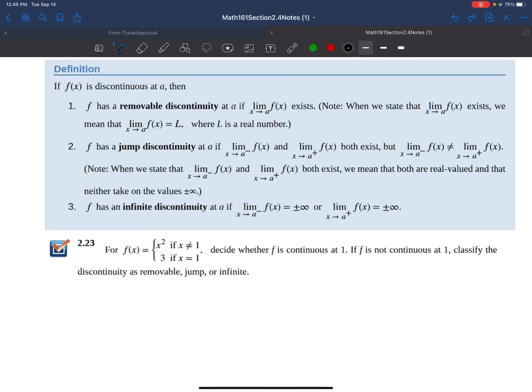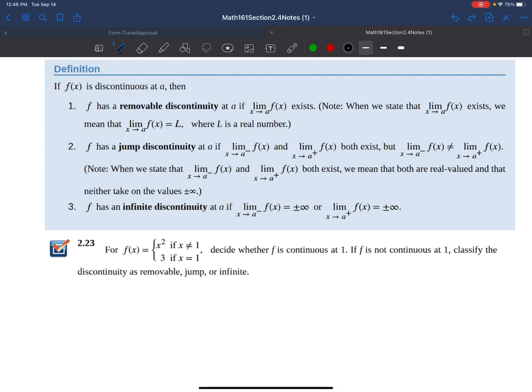So if we go to test the continuity of something and we discover that the only problem is that criteria number 2 is violated, let's say criteria 1, the value of the function, is defined, but criteria 2, the limit exists. That means from the left and the right, we're coming to the same number. Same height. Then that's a removable discontinuity.